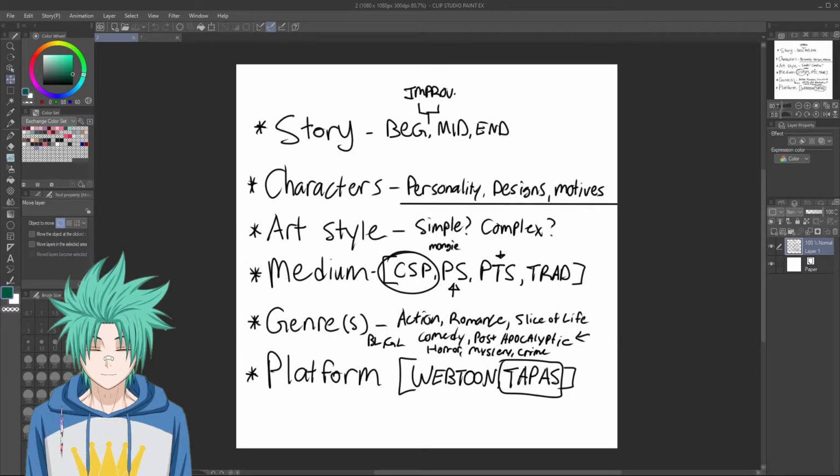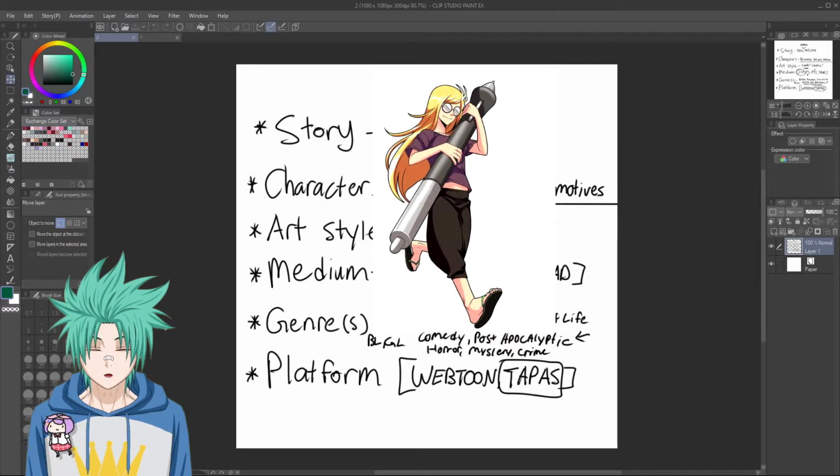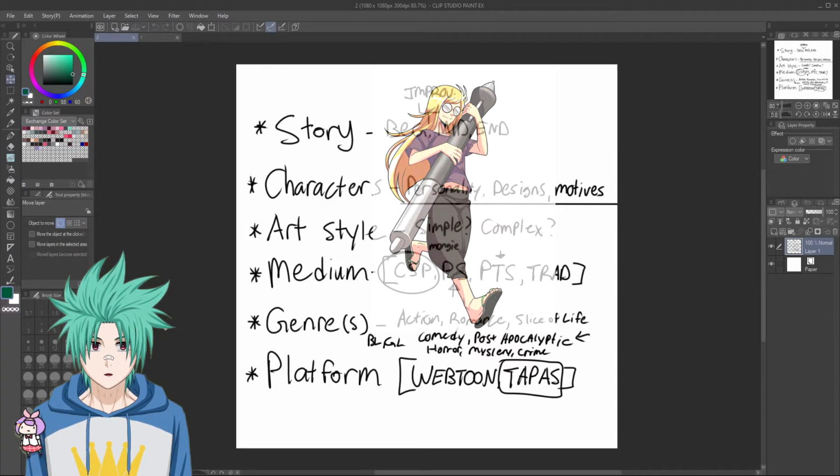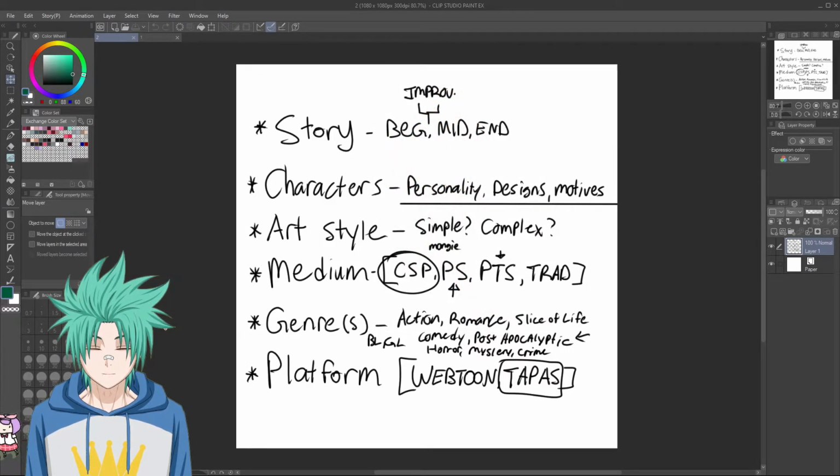It's really good. Now, it doesn't mean Clip Studio is the only program that is good for Webtoons. There is a lot of programs out there. There's Photoshop. Mongi uses Photoshop. I know some friends that use Photoshop for Webtoons.